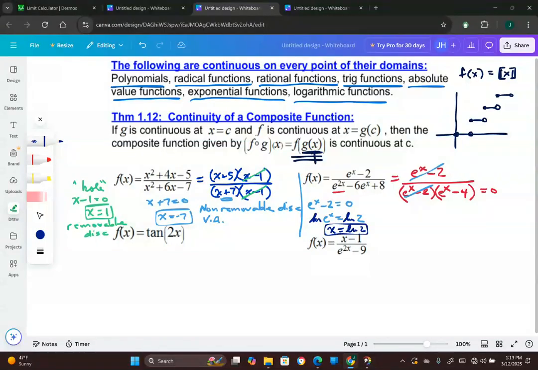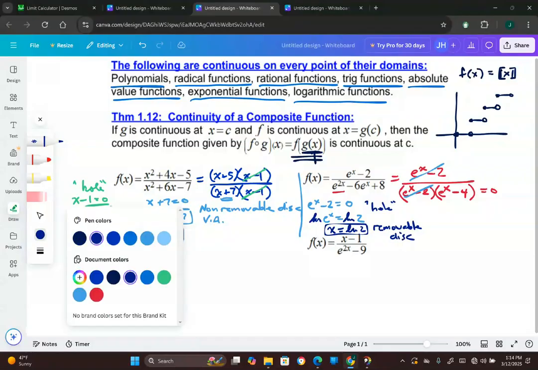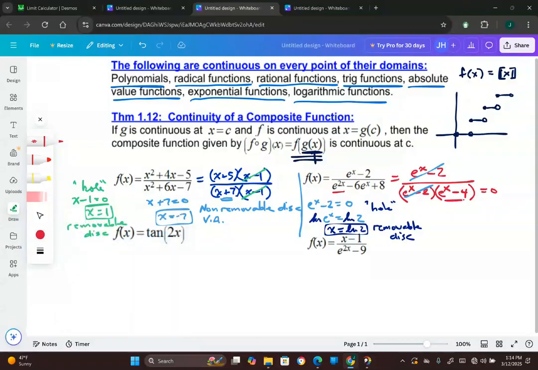Now that factor was removed from the equation. So this creates a hole in my graph. It is a removable discontinuity. Now, the other one was not removed. The e to the x minus 4, if I set that one equal to 0, I get e to the x equals 4.